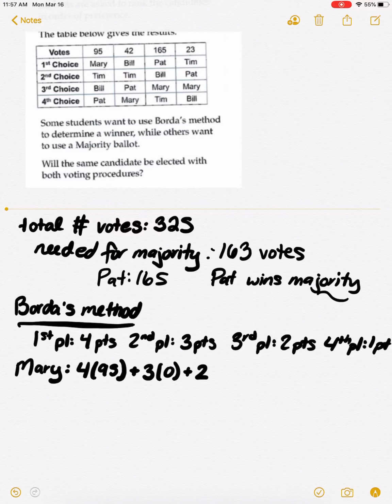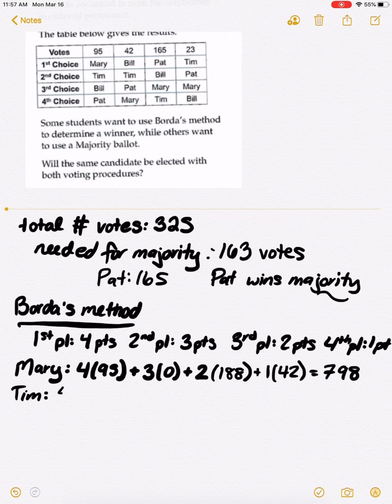Her third choice votes: she's got 165 from the third column and 23 from the fourth column. Together that's 188 votes. And she's got 42 fourth place. If you add that up, it gives a total of 798 points.